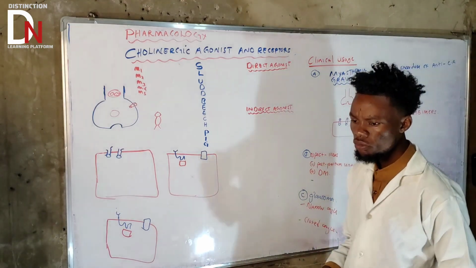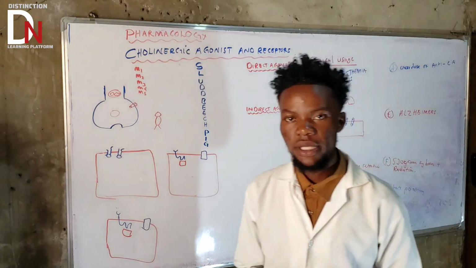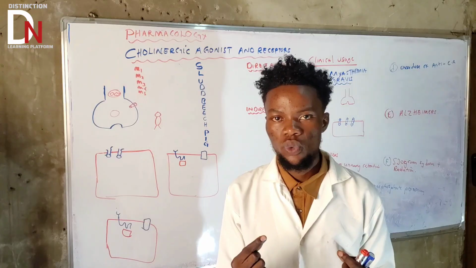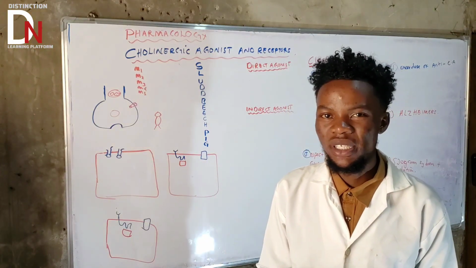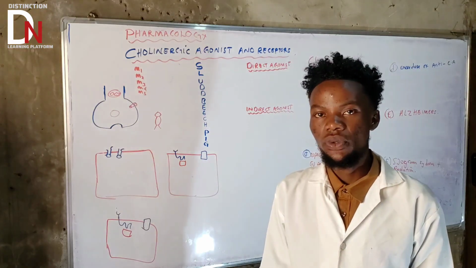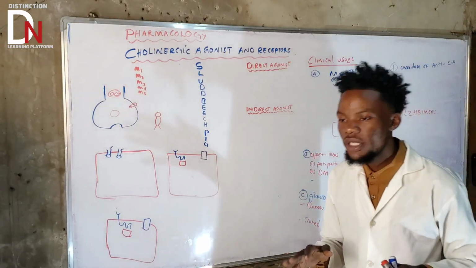Okay. So what is the parasympathetic nervous system? The parasympathetic nervous system basically is a system that works best when someone is resting and also when someone is digesting. So it promotes digestion and also resting. In simpler terms, how can we summarize that?